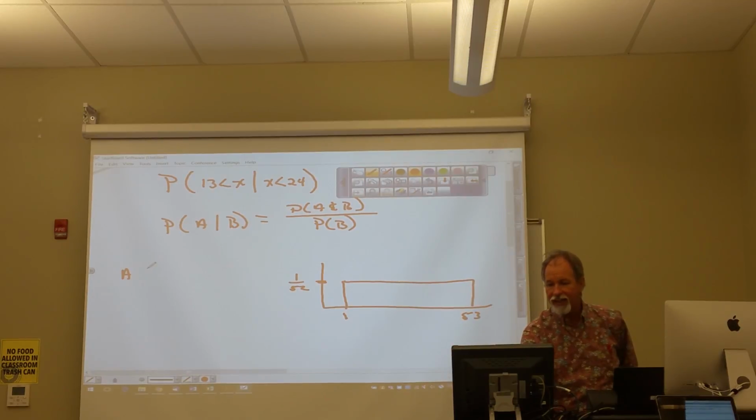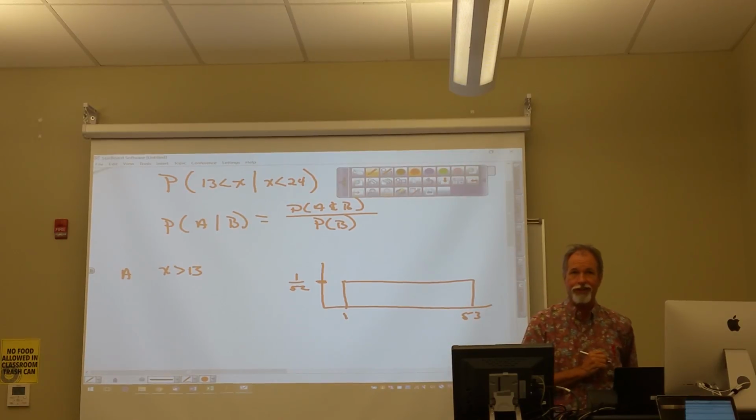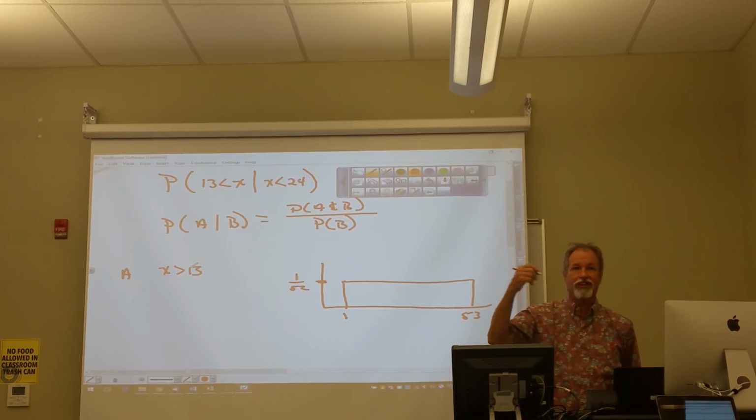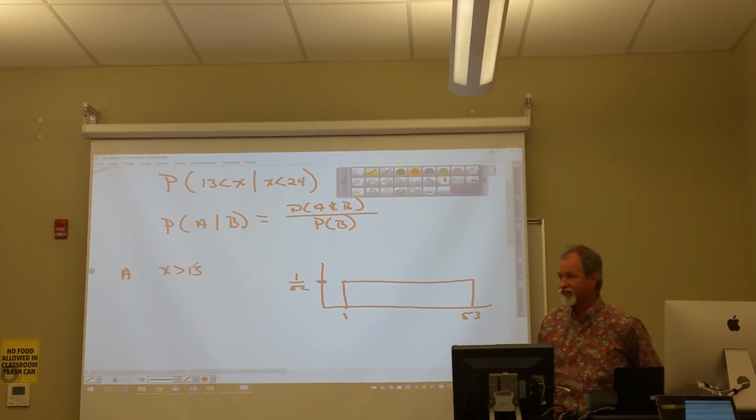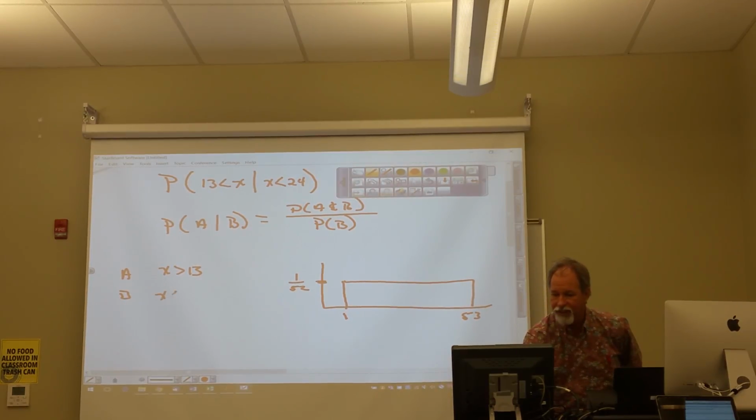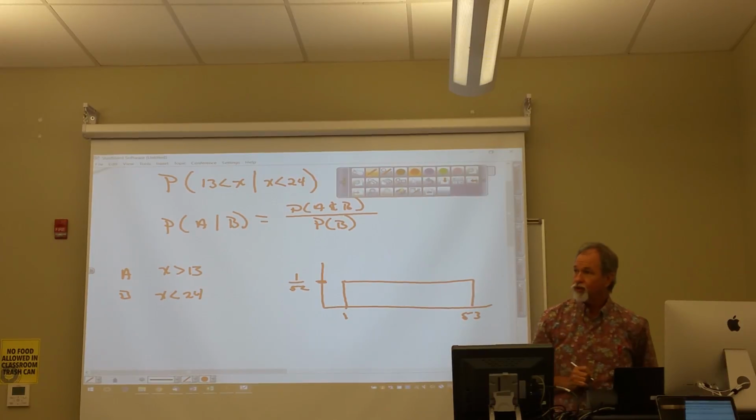My event A here is that X is greater than 13, or 13 is less than X. They both say the same thing, right? My event B is that X is less than 24.